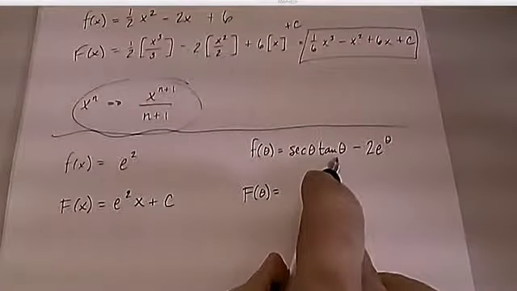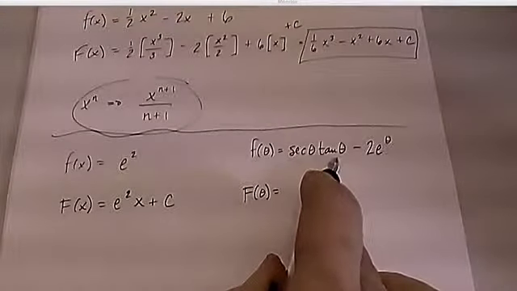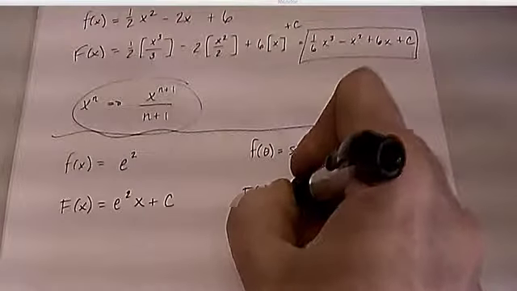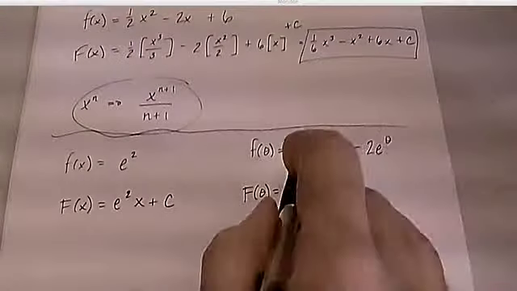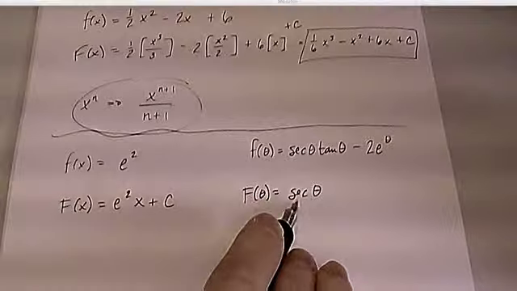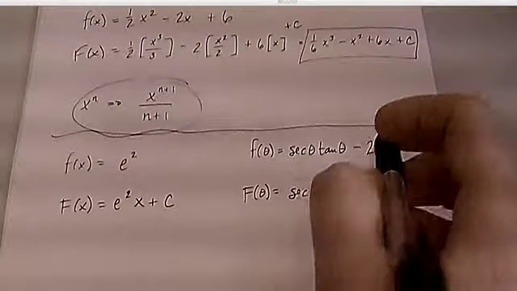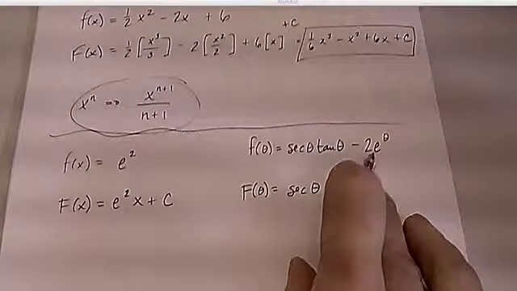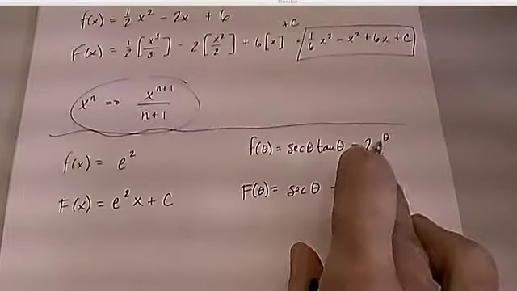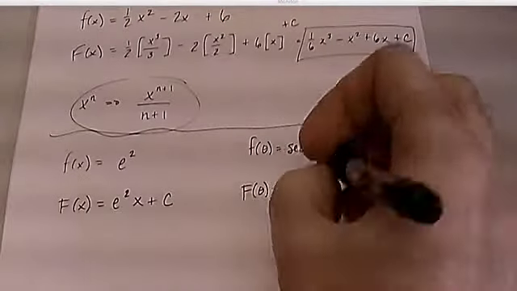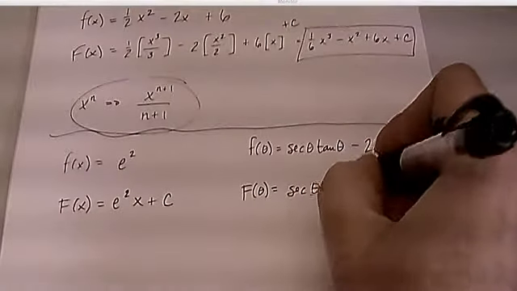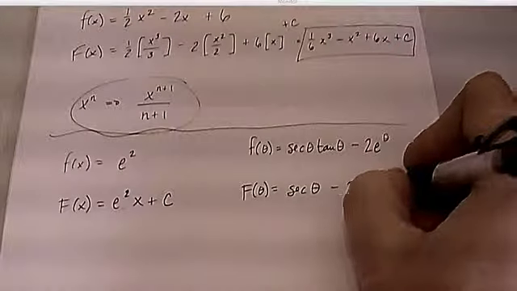Well, in order to go backwards, secant replaces that, because the derivative of secant is secant tangent. Now, what's the derivative of e to the theta? Well, e to the theta. So the antiderivative is e to the theta as well, plus c.